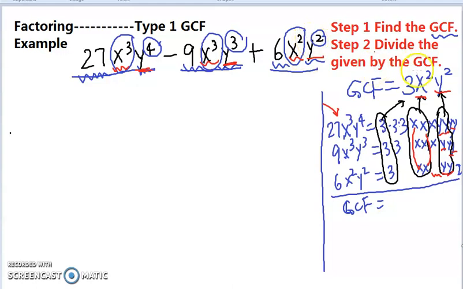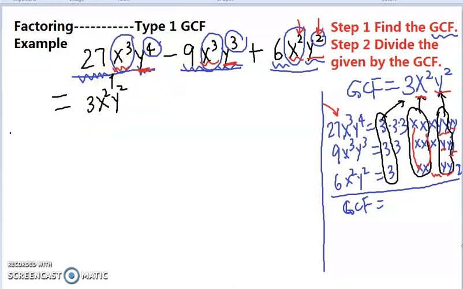So that's why we always take the lowest exponent. Okay, and the worst case, if you forget the tip, you can still break everything down and find what all three of them have in common. So that's the first step. So we're going to write down 3x squared y squared. That is the GCF. That will go into all three of them.